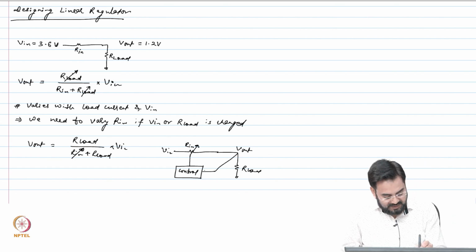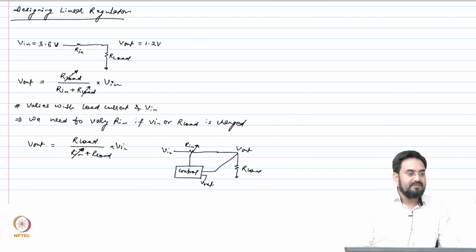Now this control will compare V out with Vref, and accordingly it will change the R in to make sure your V out is constant. Okay.